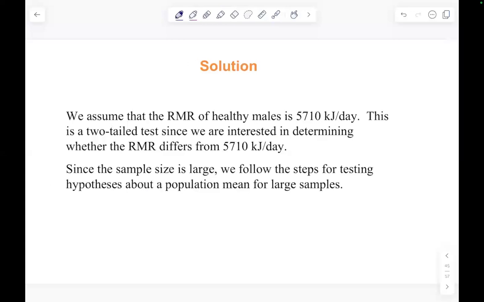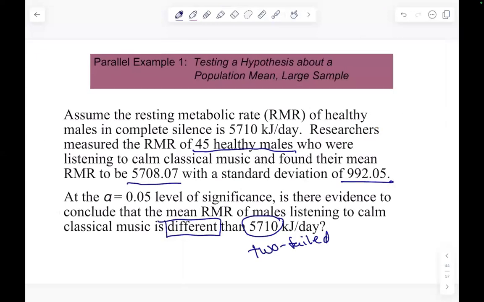Even though it's going to show it on the next page, I'm going to go to my T table, and we are going to look at 45 healthy males, alpha equals 0.05. We're going to cut that in half, so we get 0.025.